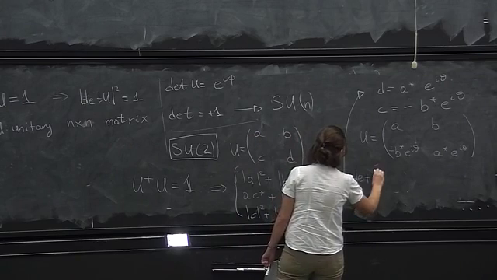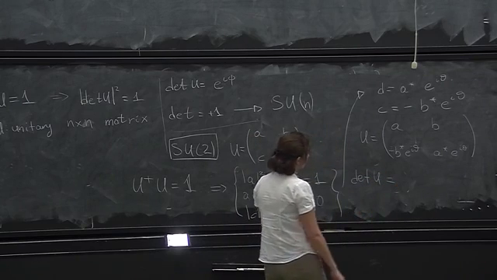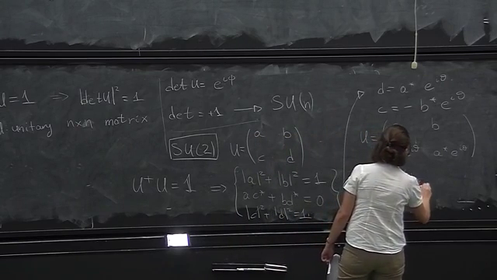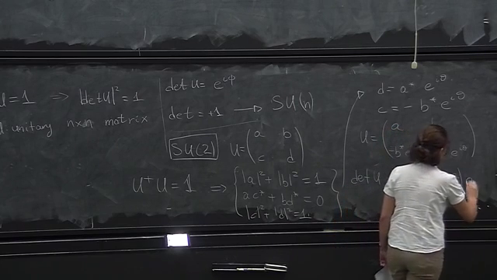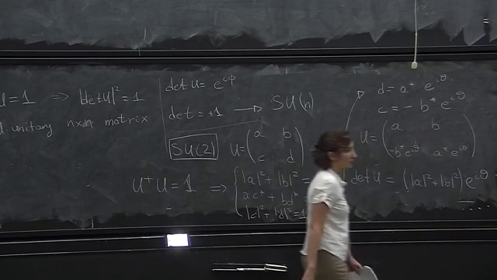And the determinant now of U is just A squared plus B squared times this phase e to the i theta.